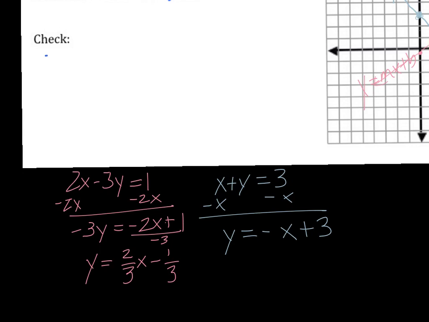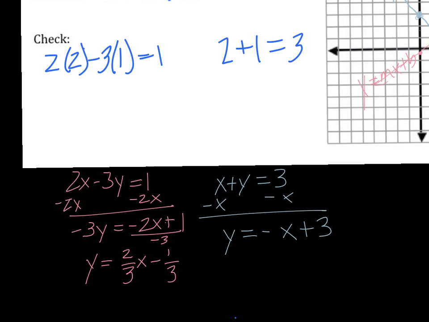So the first equation is going to be 2 times 2 minus 3 times 1 equals 1. And the second one will be 2 plus 1 equals 3. So we have 4 minus 3. We get 1 equals 1.